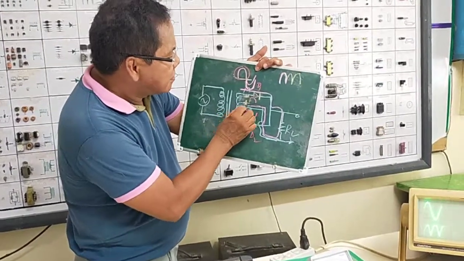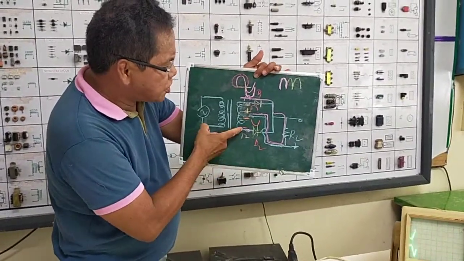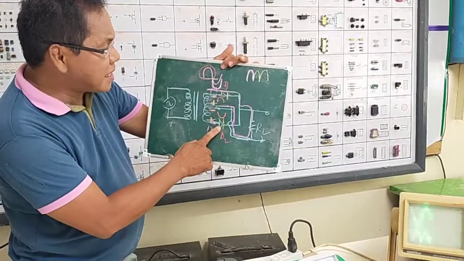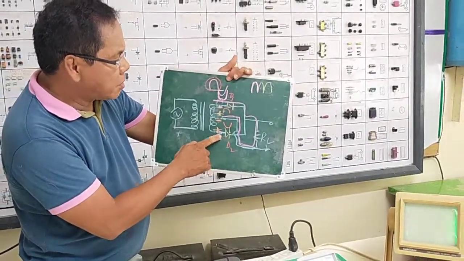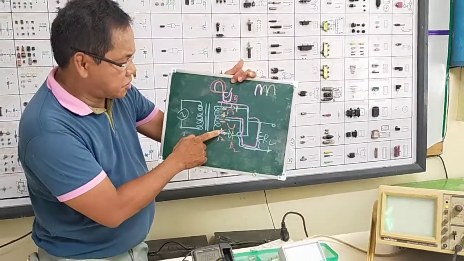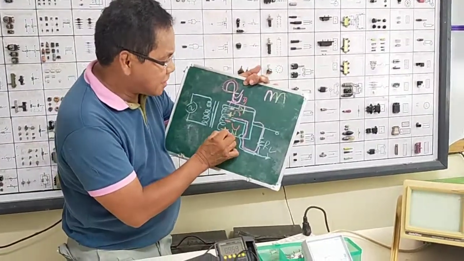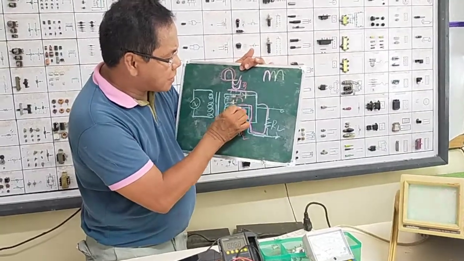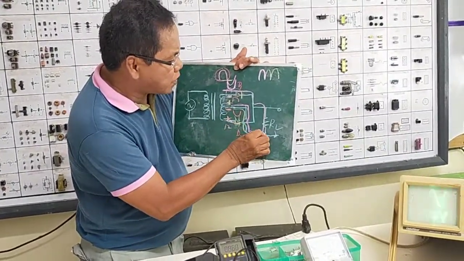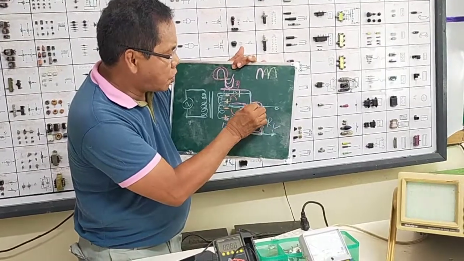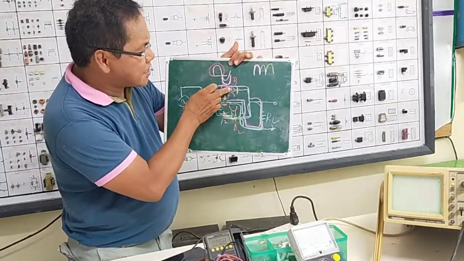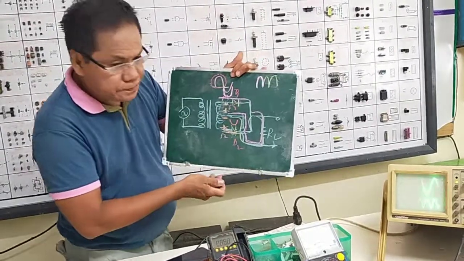Then, here is negative, changes negative to positive. So this diode is conducting because the polarity now is changed to positive. This is conducting. So the current would flow like this, going to the resistor, then to this side. This is not conducting, this is conducting.